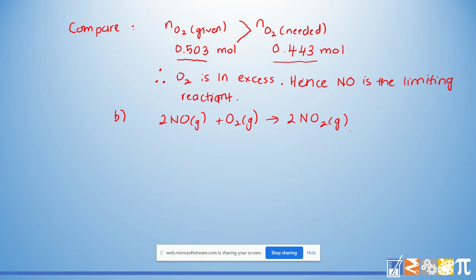Now go back to the definition of limiting reactant. Limiting reactant is the substance that is completely consumed in the reaction, habis digunakan, and limits the amount of product formed. We have oxygen in excess but NO is not enough.